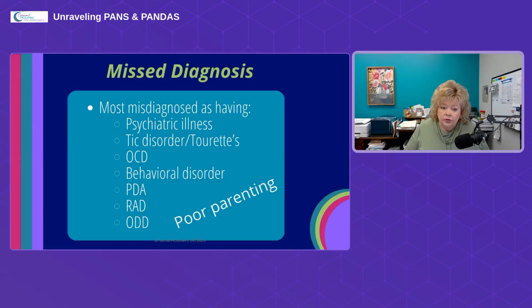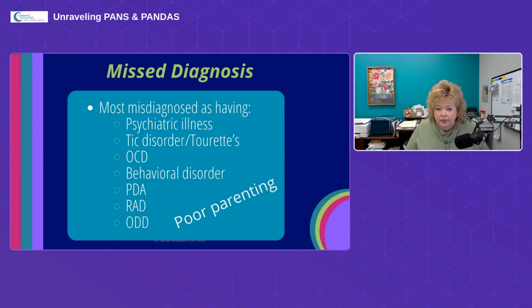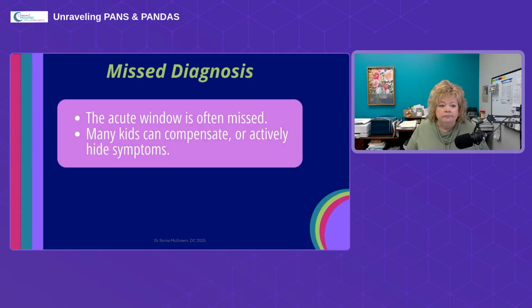We hear behavioral disorders, things like pathological demand avoidance, reactive attachment disorder, oppositional defiant disorder. And my favorite, which is completely ridiculous, is they will tell parents, if you would just parent him differently, he wouldn't act like this. Or if you would just spank him or put him in timeout or whatever, these behaviors would stop, which is, like I said, complete nonsense.